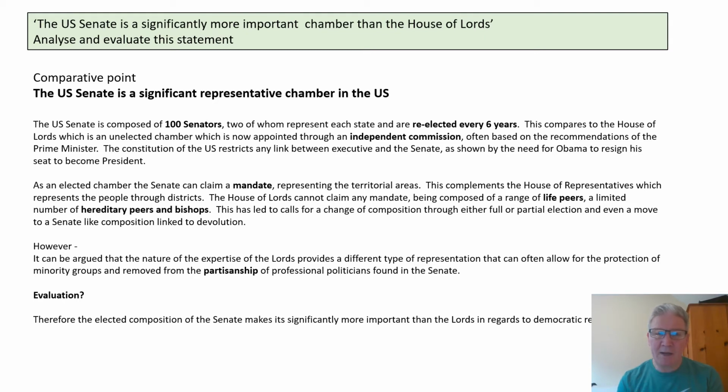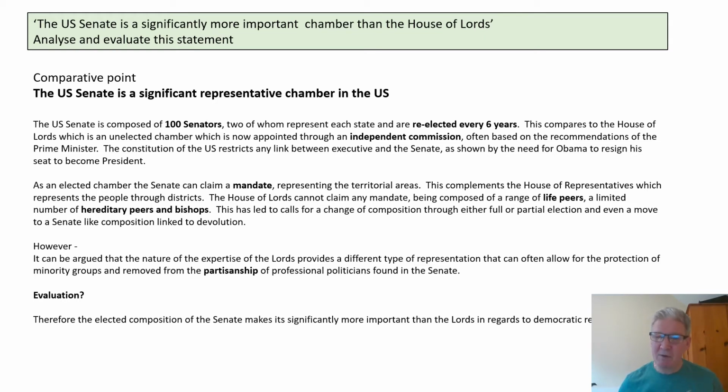Secondly, as an elected chamber, the Senate can claim a mandate. This complements the House of Representatives because they look after the people, whereas the House of Lords can't claim any mandate at all and has a range of composition of, essentially, life peers, still some hereditary peers and bishops.